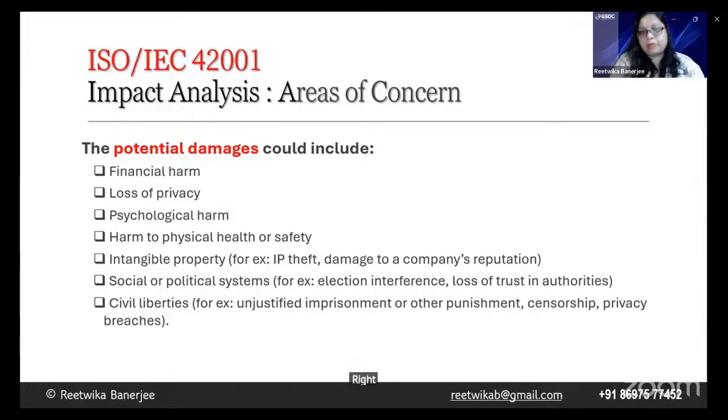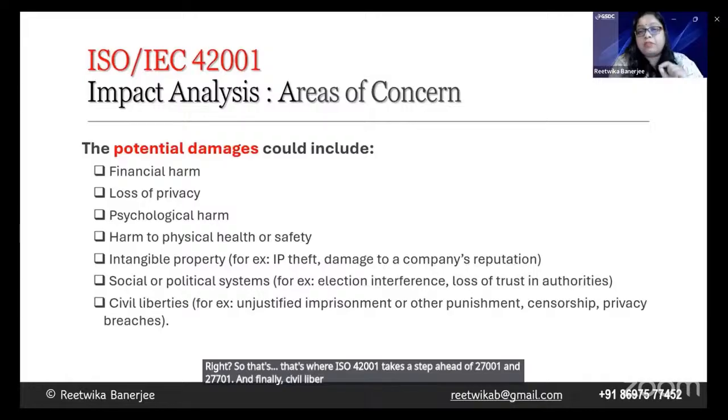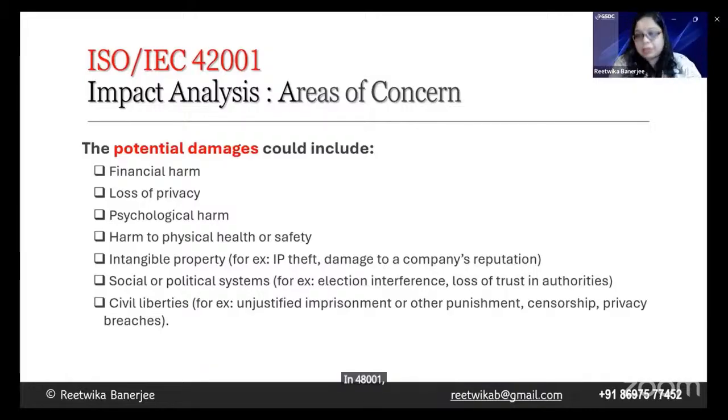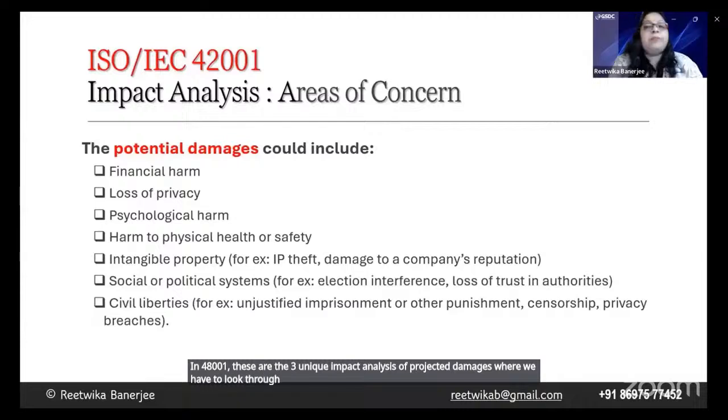So that's where ISO 42001 takes a step ahead of 27001 and 27701. And finally, civil liberties as well. We have never talked about it earlier. In 42001, these are the three unique impact analyses or projected damages we have to look through as part of our risk assessment, and how we perform an impact assessment of the collected data.